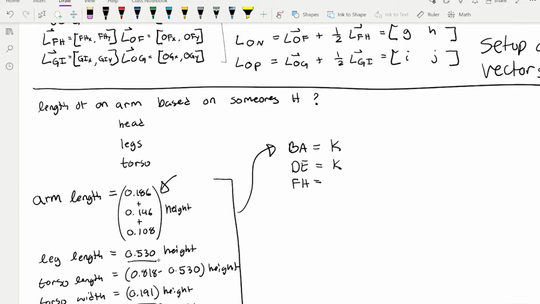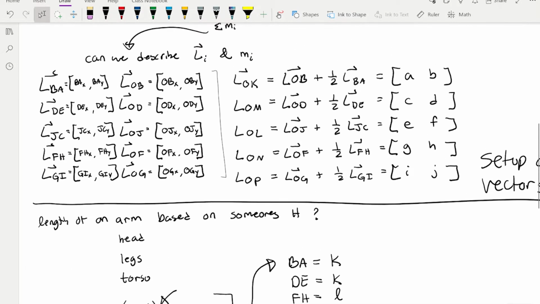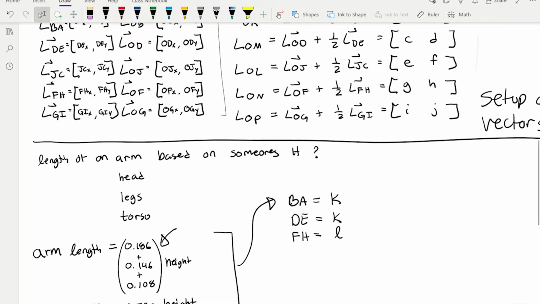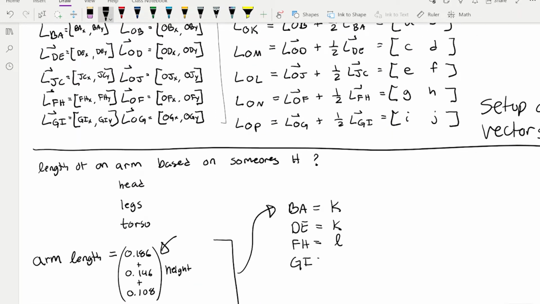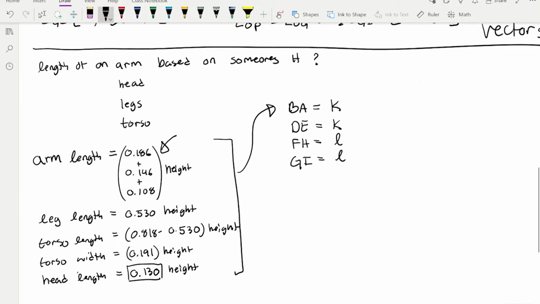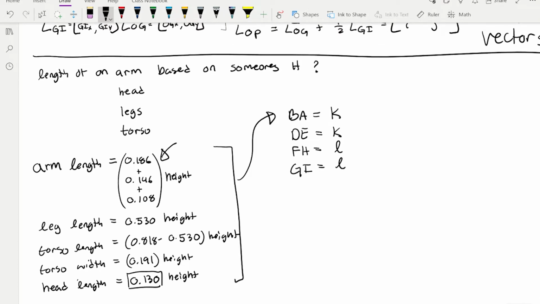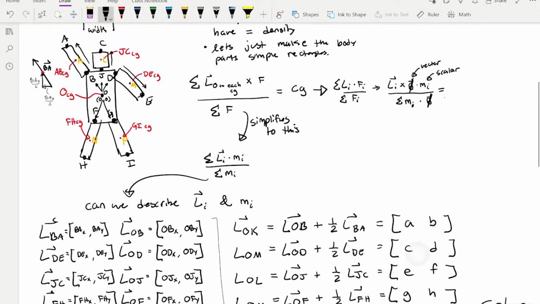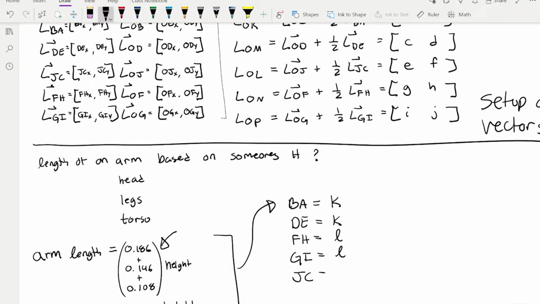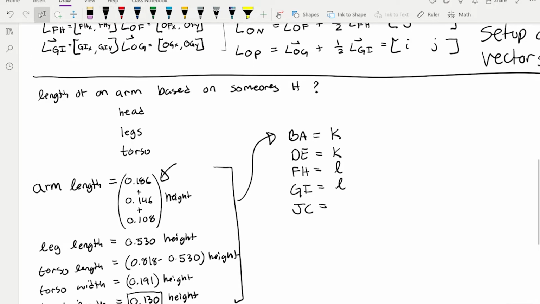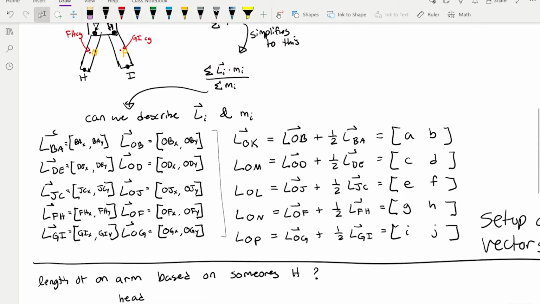Let's call it L. GI, L. JC equals head height, M.